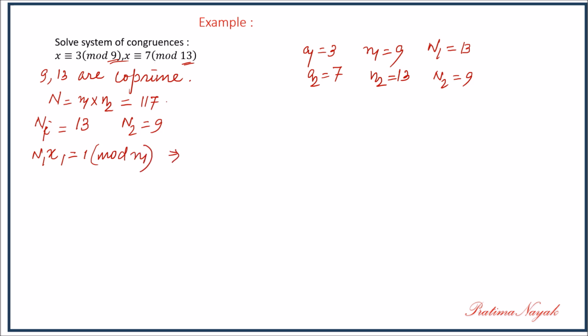That means 13 x1 is congruent to 1 modulo 9. 13 x1 is 1 modulo 9. Then how to find out? Just let's think.